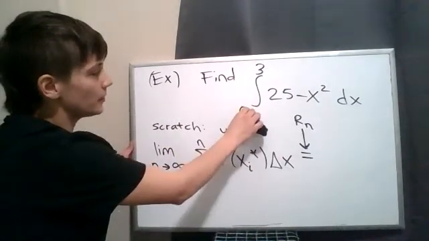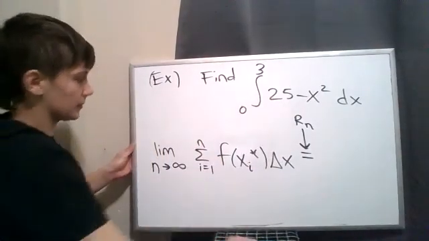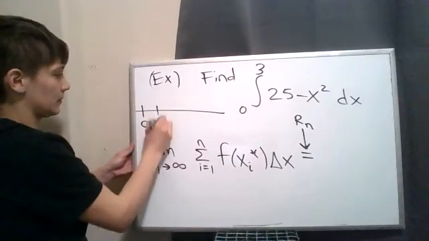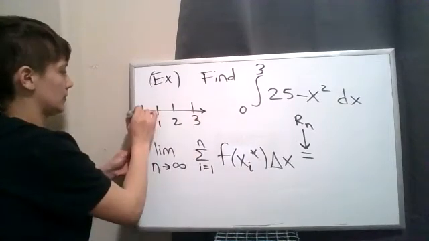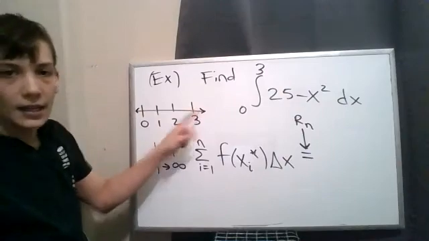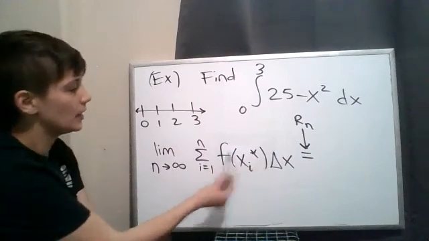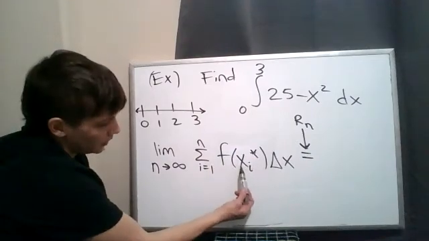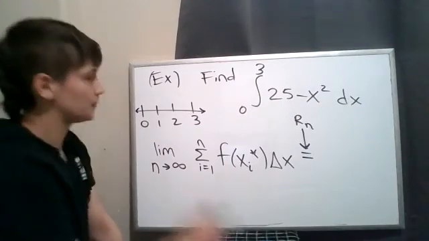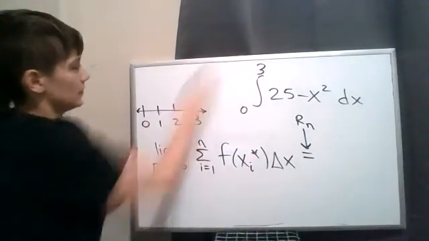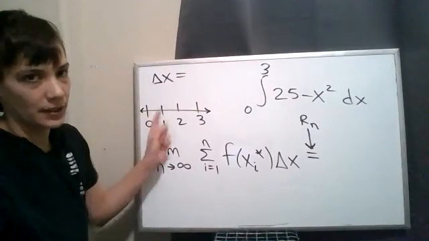So we're iterating from 0 to 3. And, oh, I can find delta x. I need delta x. Okay, I can't picture this without knowing that.